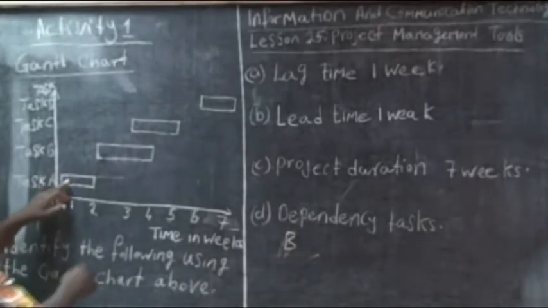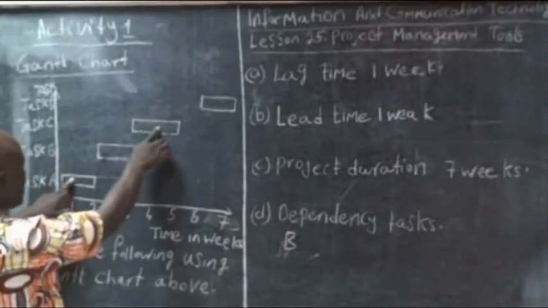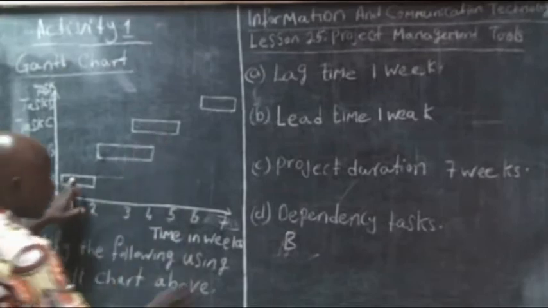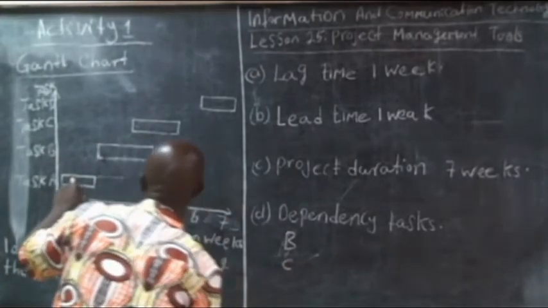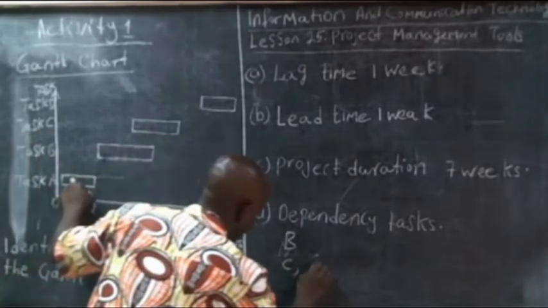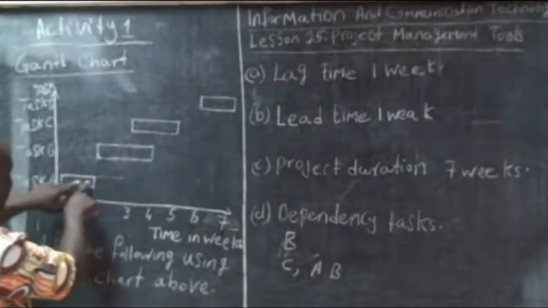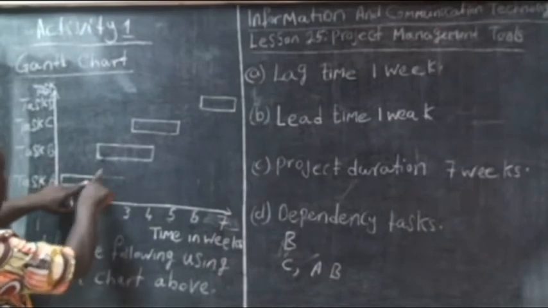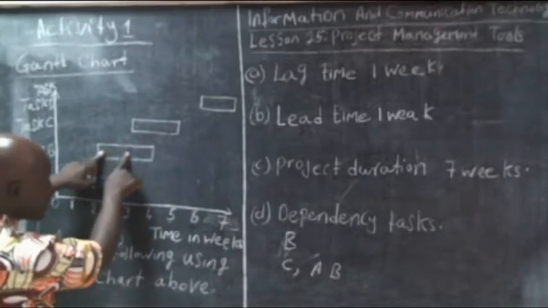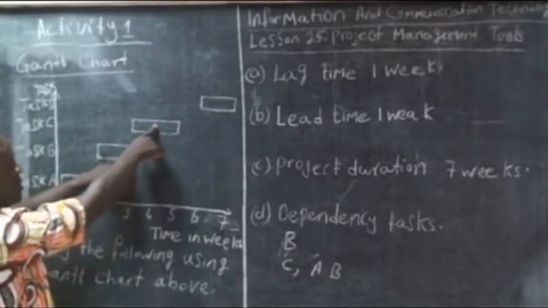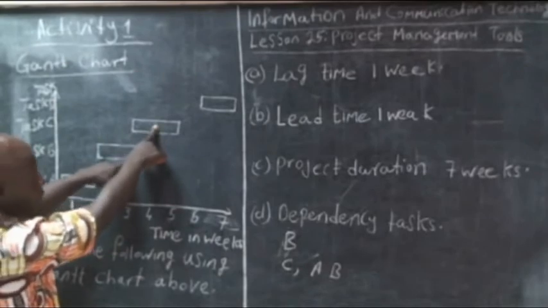Next again, activity C depends on activity A and B, because they must have completed activity A, and started activity B to a certain point before activity C will commence.